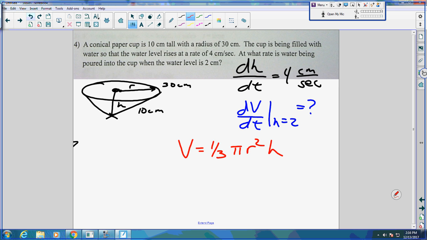And you might look at this and go, darn, I don't see it. Well, the thing you have to catch is that at any given instant that you're filling it, the R and H of the blue triangle have to be similar to the 10 and 30 triangle of the cone itself. If I pull it out of here, these two triangles are similar, so their ratios are the same.